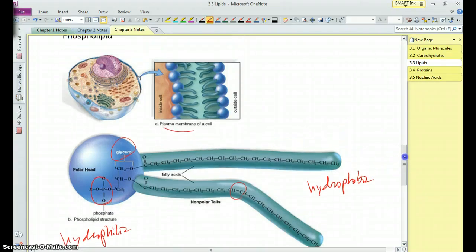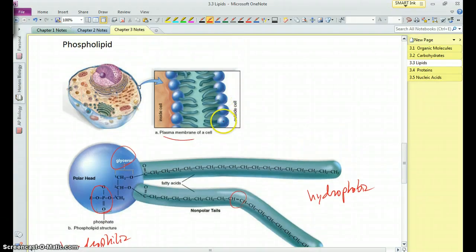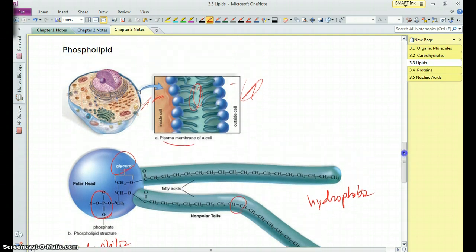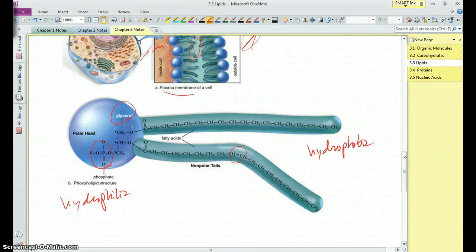That's why phospholipids arrange in this double layer with the phosphate end on the outside of the membrane and the fatty acids on the inside, because there's water on both sides but no water in the middle. The water-loving phosphate ends are on the outside and the water-hating, if you will, fatty acids are on the inside. We'll revisit phospholipids and cell membranes when we talk about cells.